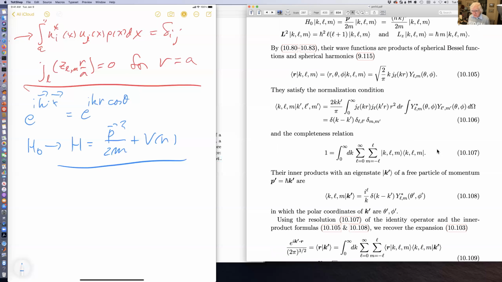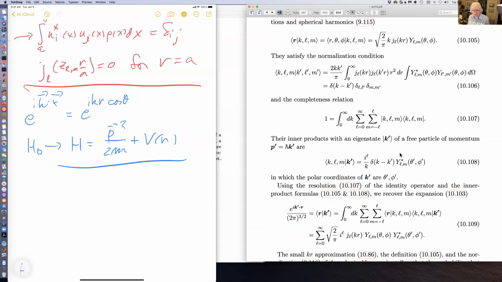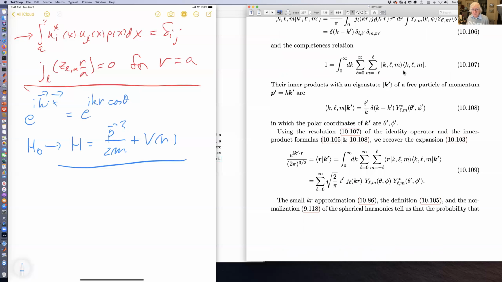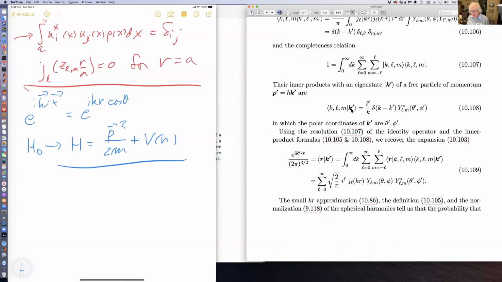This is equivalent to the completeness relation, integral over momentum, and then a sum over angular quantum numbers. And the inner product of a free particle k wave function with the klm is a delta function times Y star of theta prime phi prime, being the polar coordinates of the vector k prime.